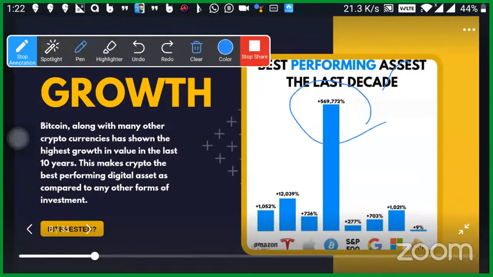If you were able to invest some amount of your savings into Bitcoin 10 years ago, if you are lucky, maybe $1,000, maybe $100, how much would your investment have grown?